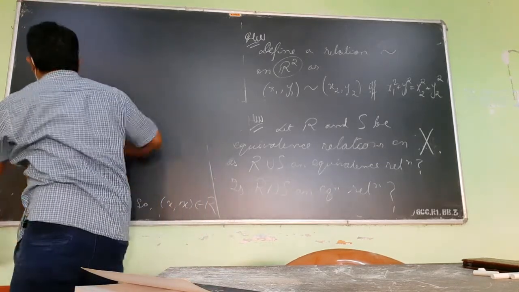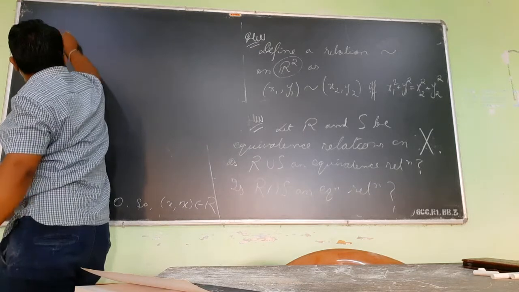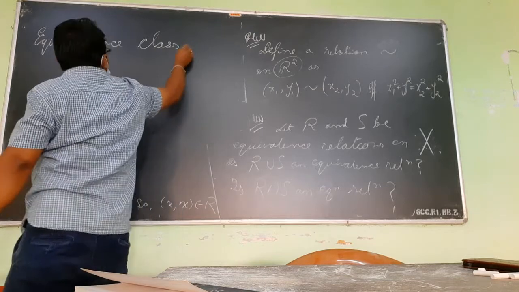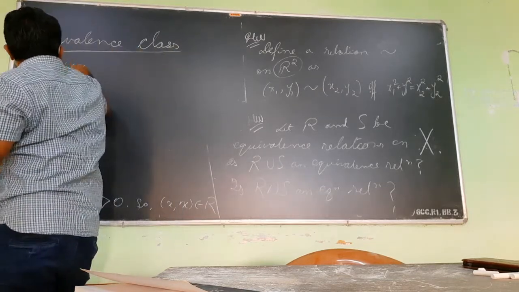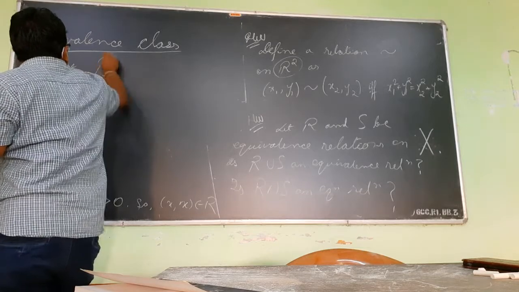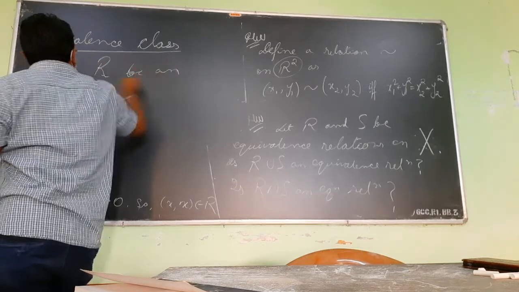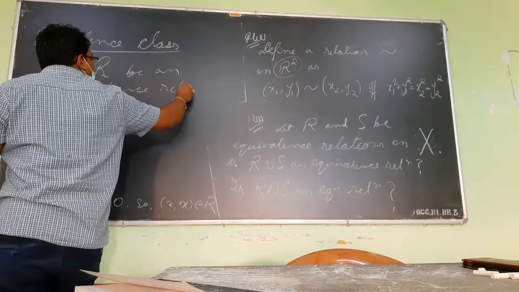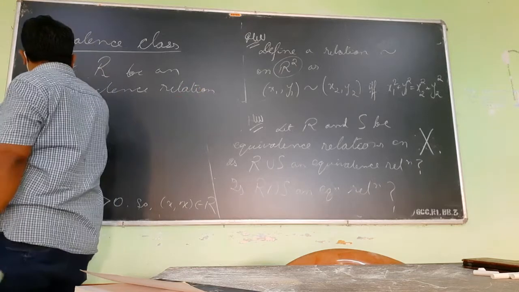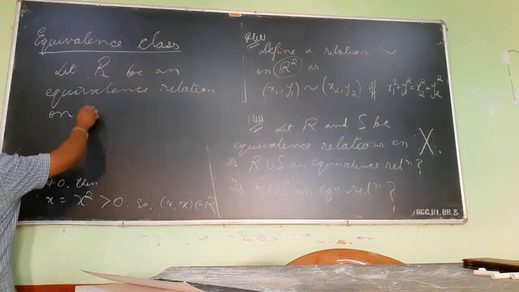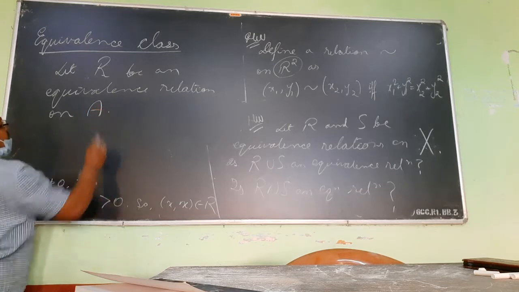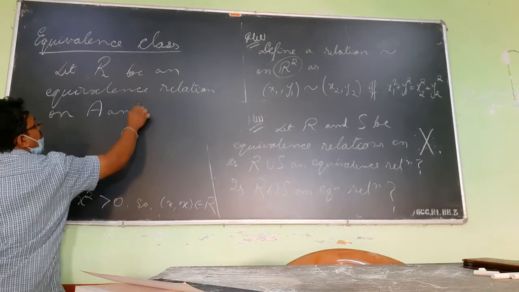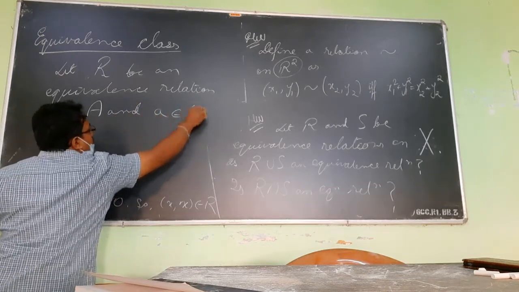Next, we have a concept called equivalence class. Let R be an equivalence relation on some set A, and let small a belonging to capital A be any element.